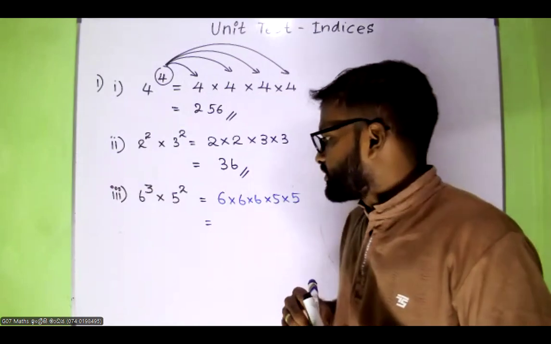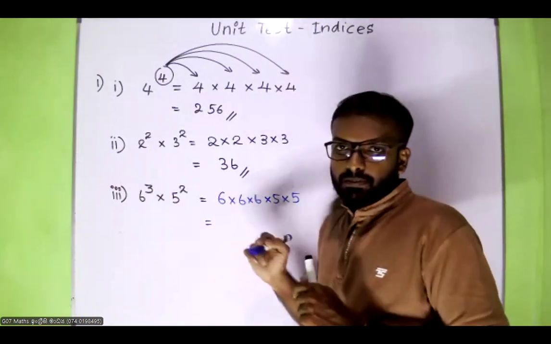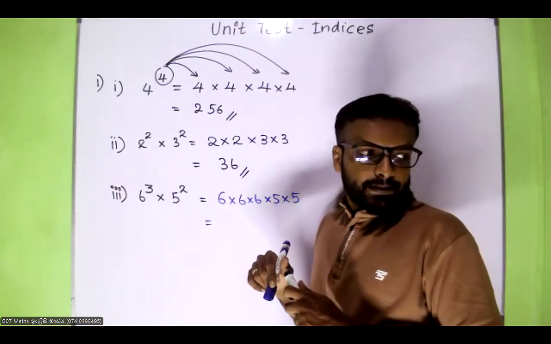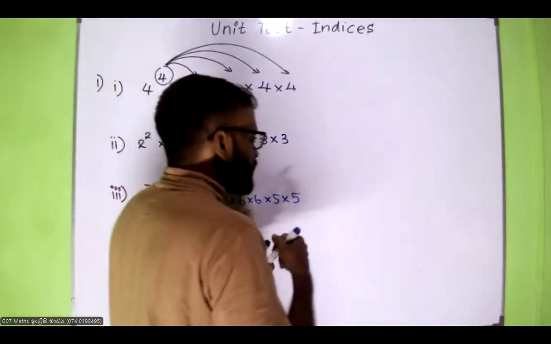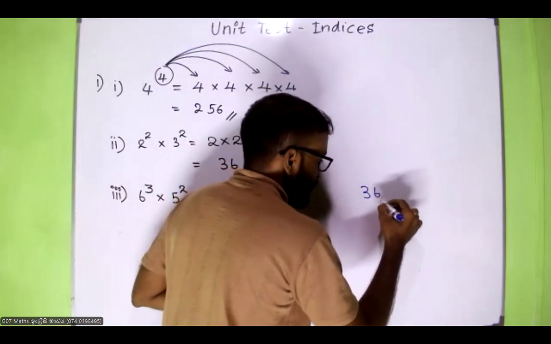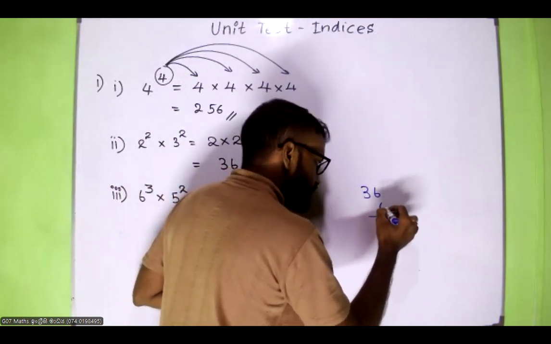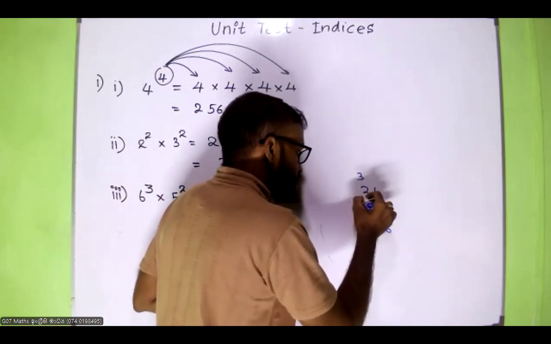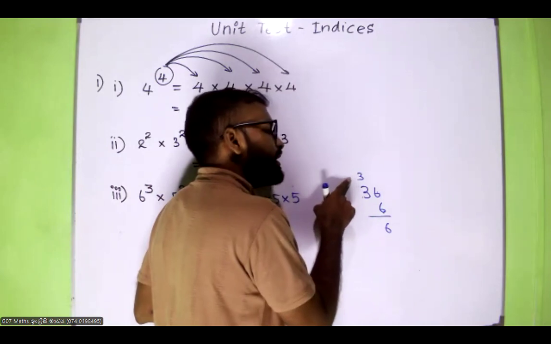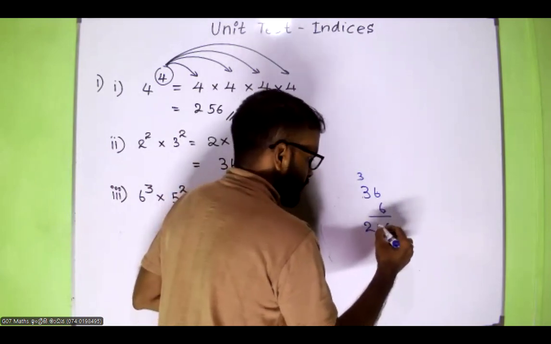Senuli, 6 times 6? 36. Okay. 36 times 6. 6 times 6, 36, 3 is the remainder. 6 times 3, 18, 18 plus 3, 21.